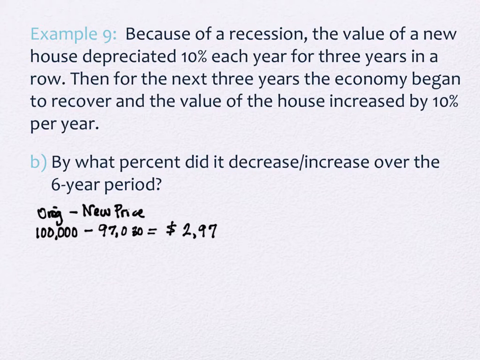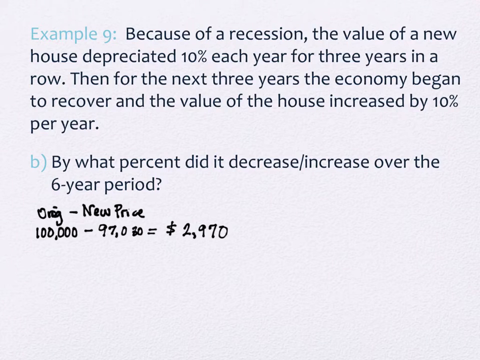Should be $2,970. Is that what you have? The value they lost? Okay, I got some nods, that's good. Okay, good, 2,970. All right, so what we're wanting to know is what percent that is.